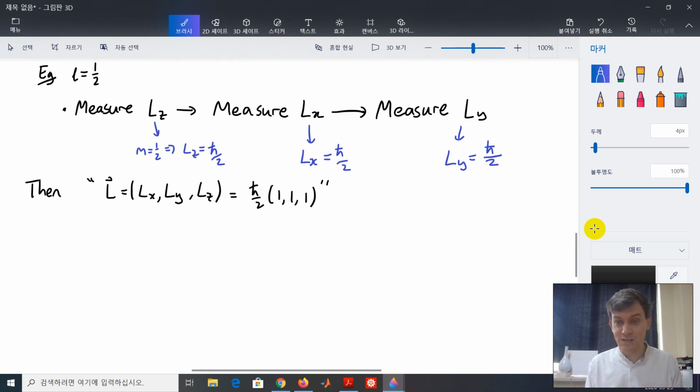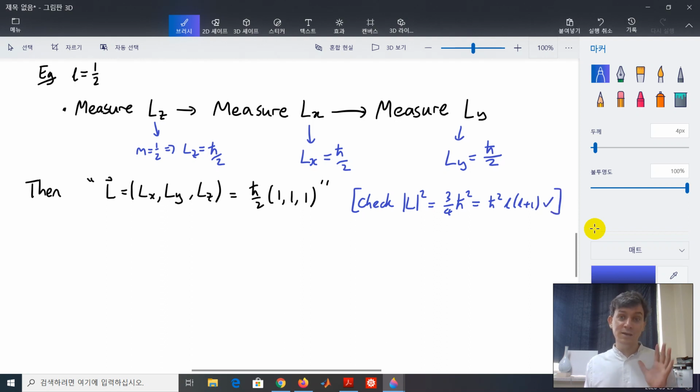In this case you can even check that L squared gives you 3/4 h bar squared, which is indeed h bar squared times L(L+1), which is what it should be. So that all looks okay, but there are two problems with treating L like a vector in this way.